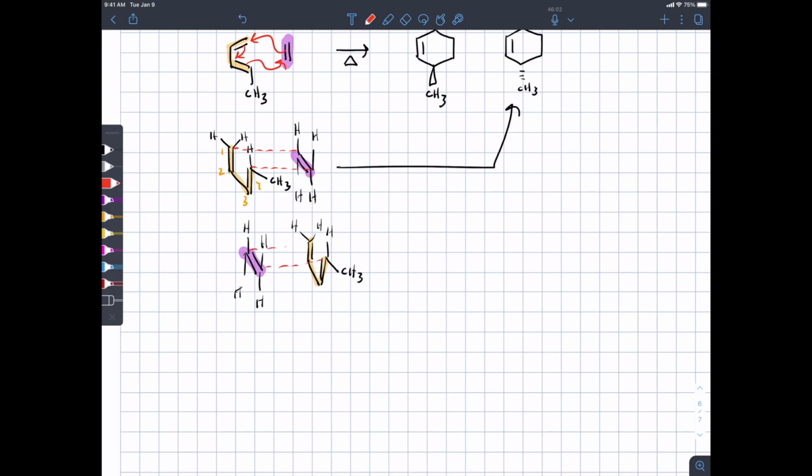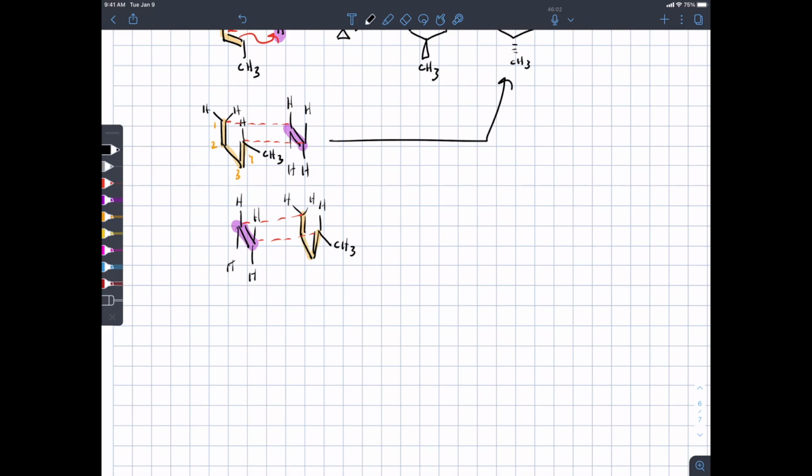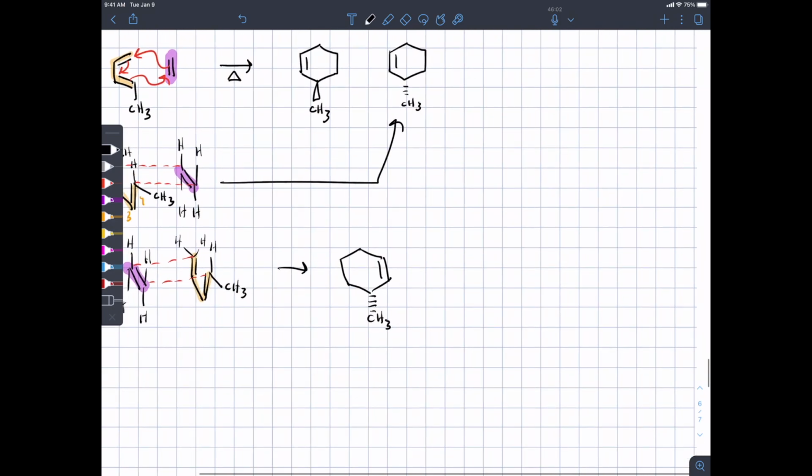Here are our new bonds that we formed, and again, it looks like the methyl group is below the new ring that we formed, and it is, but now the double bond is there, and when we do the friendly neighborhood pancake flip, we can see that we get this product.